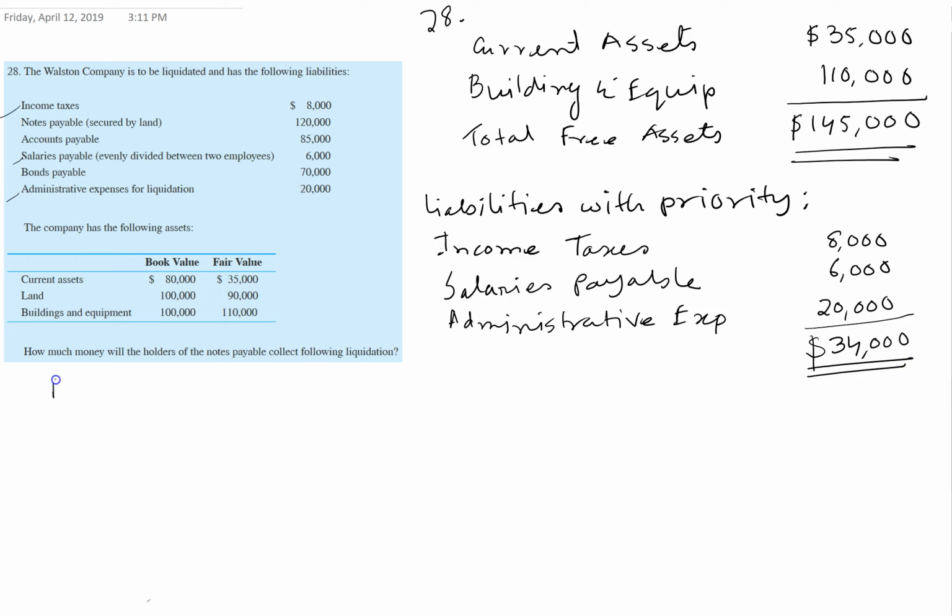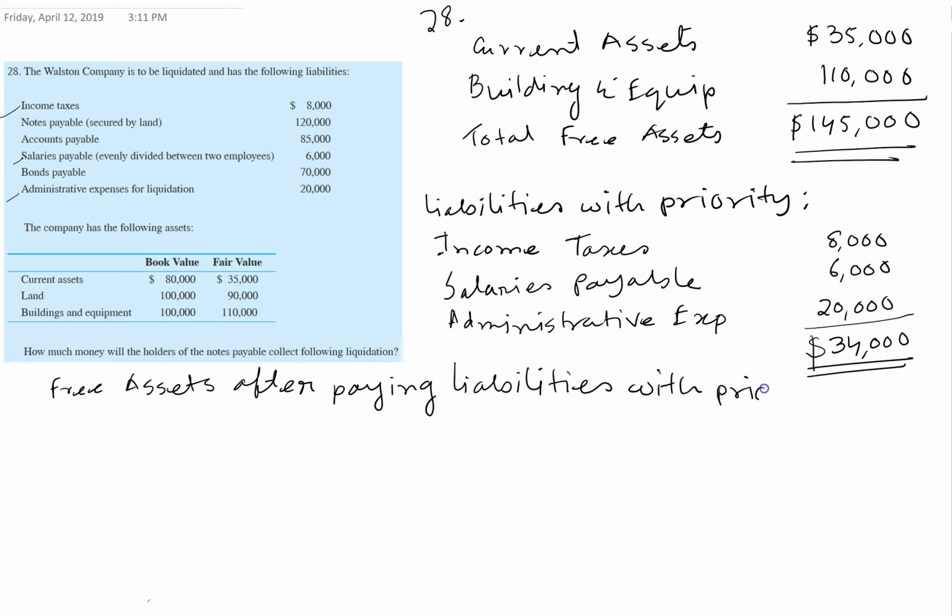Now after paying these liabilities with priority, let's check the amount of free assets. Free assets after paying liabilities with priority is the difference between these two.